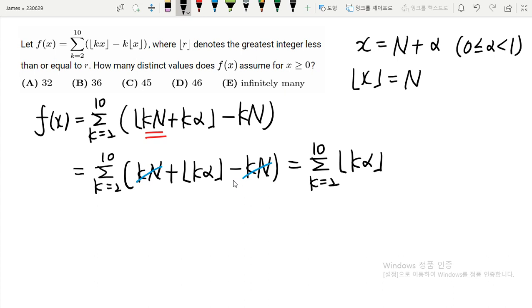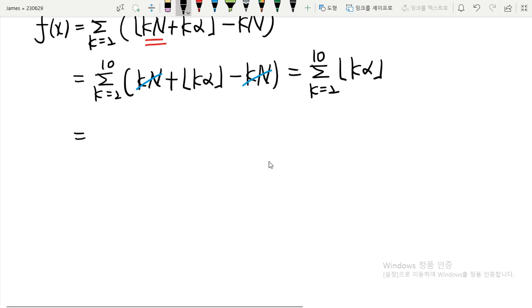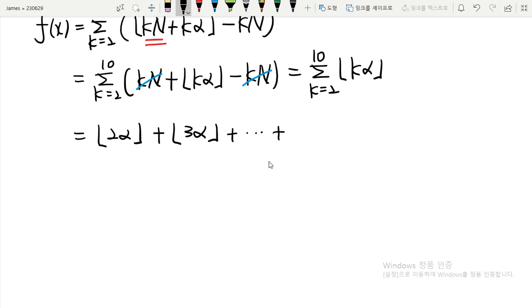And if we open this sigma notation, the first term is the floor of 2 times alpha, like this, and this will go up to 10 times alpha.